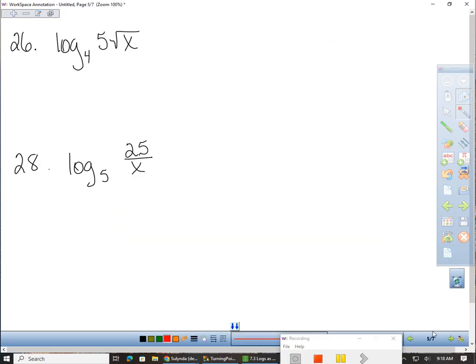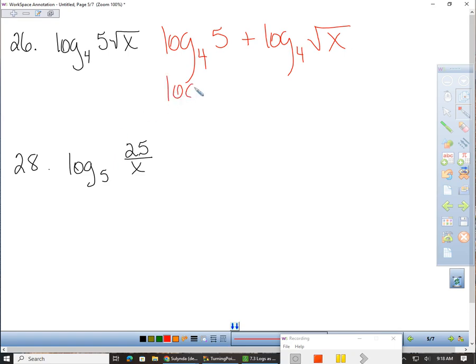Number 26. The 5 and the square root x are multiplying each other. They're next to each other. So in the log world, when we multiply, we really add. So we have log base 4 of 5 plus log base 4 of square root x. But there's more we can do to this. The square root can be written as a fractional exponent.